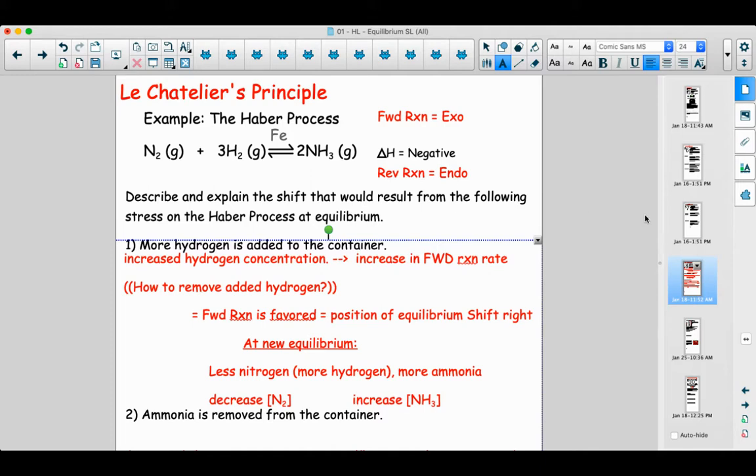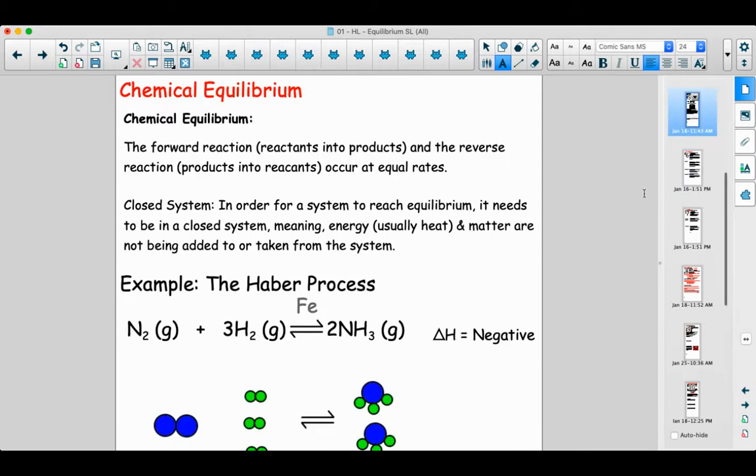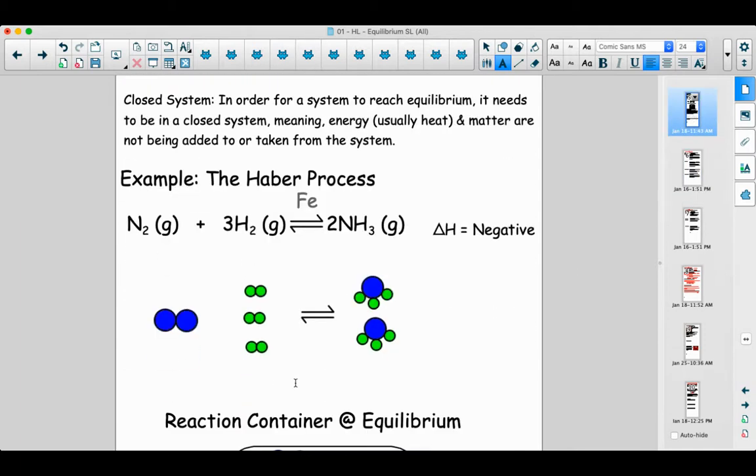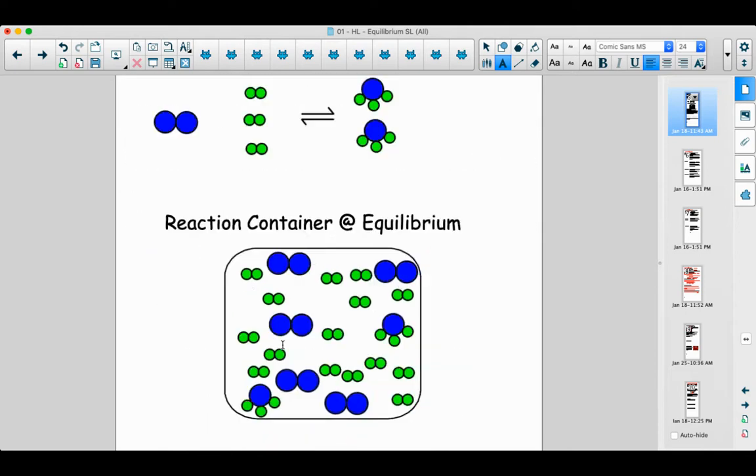So if we go back to a previous page, you can see that these same 4 molecules are made of 8 atoms, and these 2 molecules are made of the same 8 atoms. So for those 8 atoms, they can either exist as 4 gas molecules or 2 gas molecules. The 2 gas molecules will create less pressure, half as much pressure as if they exist as these 4 separate particles.